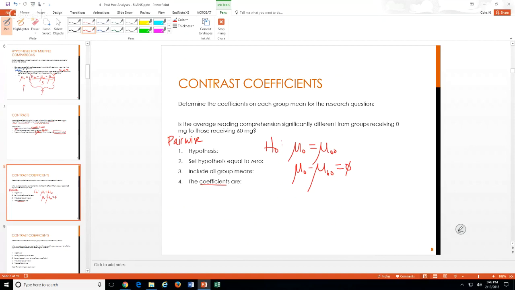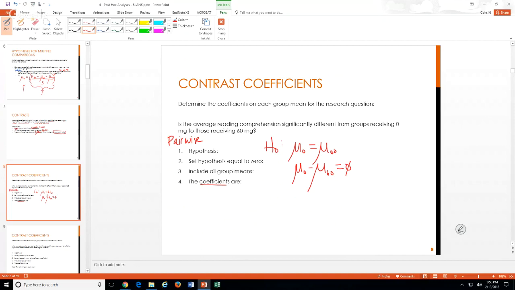Add and subtract, for example, mu 30. If I add it and then subtract it on both sides of the equation, but I still want the right side to equal 0.